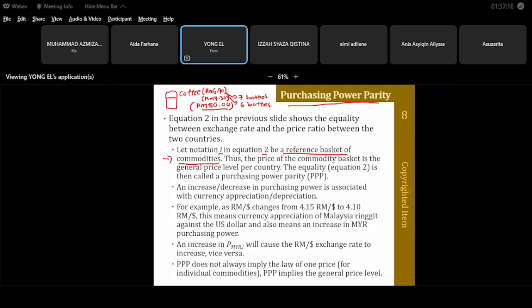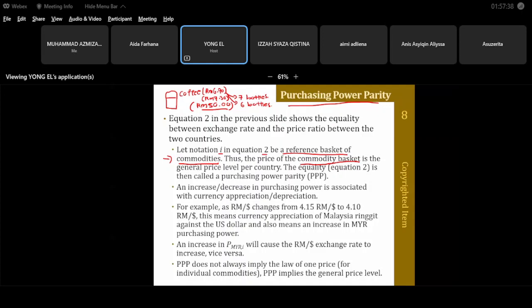Okay, so we also have a price for this commodity basket. Just like when you go to the supermarket, you carry a basket, and inside your basket, you put the products that you want to buy. That is your basket. But what is the price of your basket?